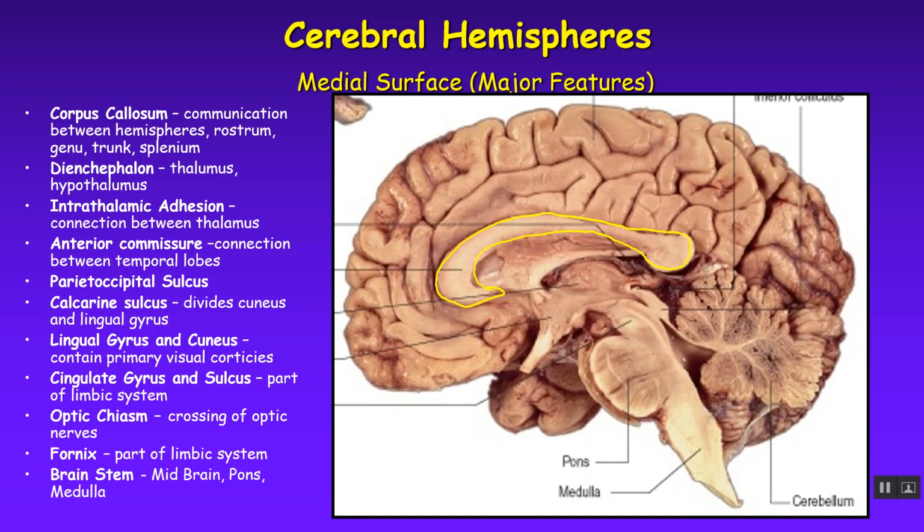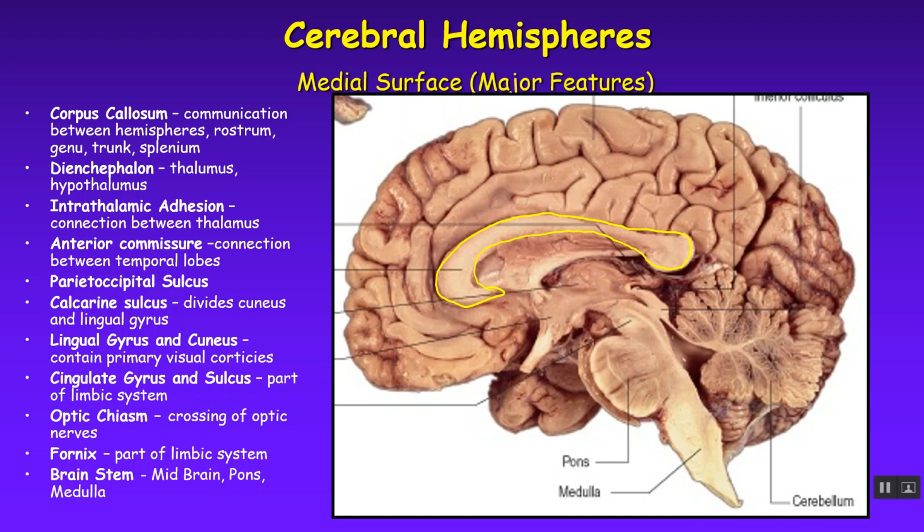It's a commissural fiber. It connects basically frontal and temporal lobes, and some of your occipital lobe, connecting most of your two hemispheres together. There's lots of communication between the two sides, which you don't need a lot of, but it is important for certain things.